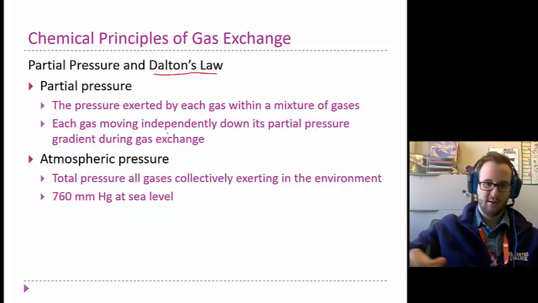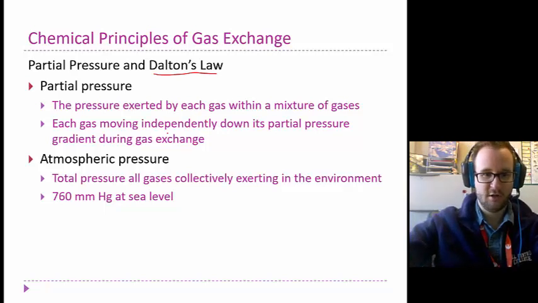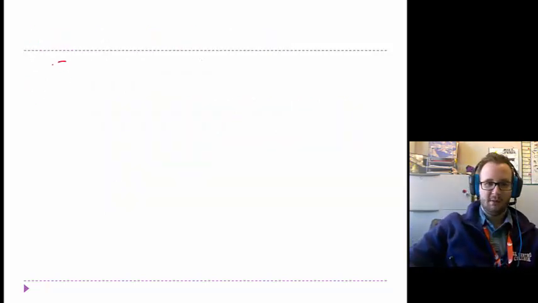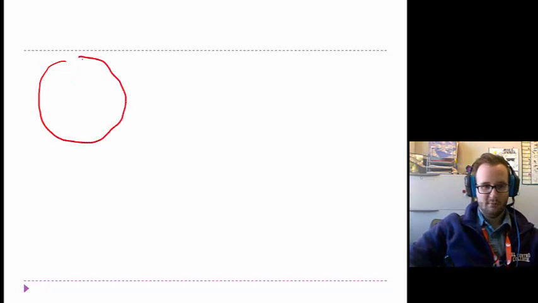I'm going to bring up a blank page here for y'all. You can think about our atmosphere as a big jar. In this big jar, there are a bunch of different gases. We'll have oxygen, for example, but oxygen isn't the only thing in our environment.